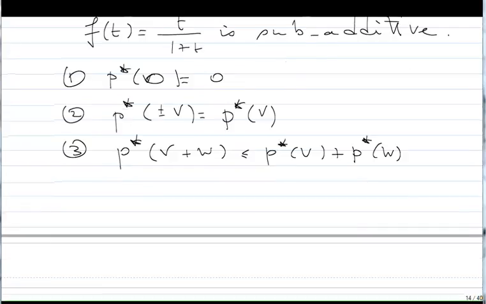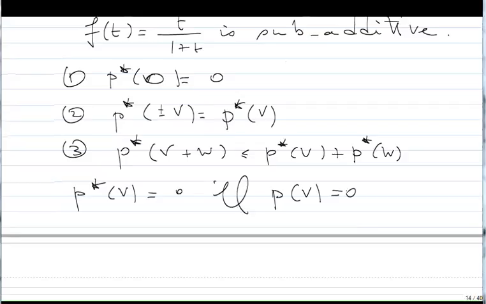And of course, this is very important, P star of V equals 0 if and only if P of V is equal to 0. So we have the triangle inequality, we have some kind of symmetry here, but we fail to be homogeneous. We lost that.